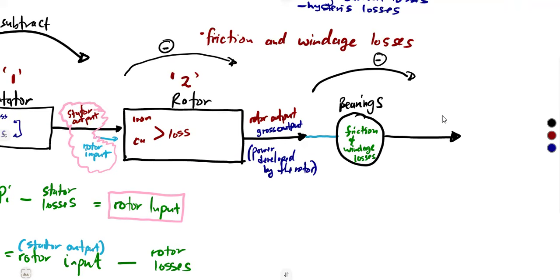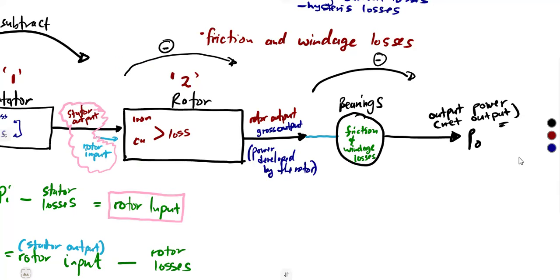This is where we have our P out, which is our output power, the net output. What has affected us in getting this output are these losses here.